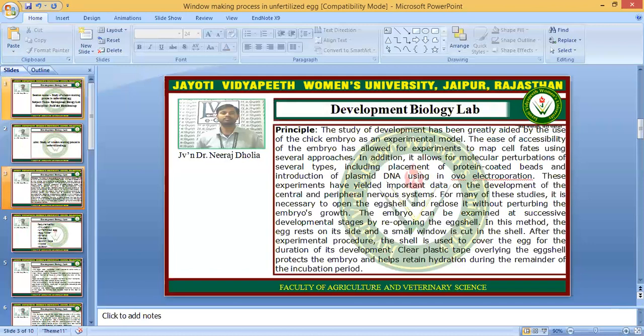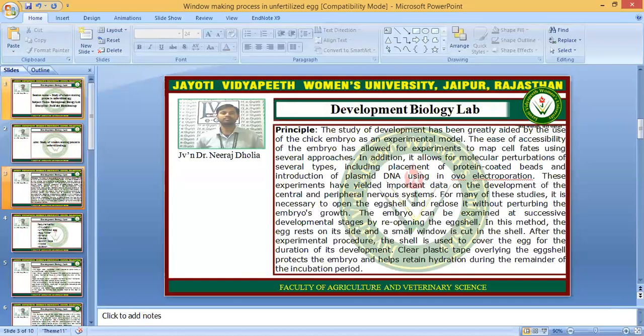So overall, we do this for the study of developmental biology or organogenesis. How the organs are formed, what is the process, how angiogenesis is performed. To see the changes in the developing embryo, we use this process. For some ethical issues, we are not using the fertilized egg here.